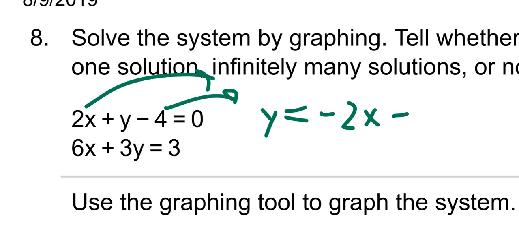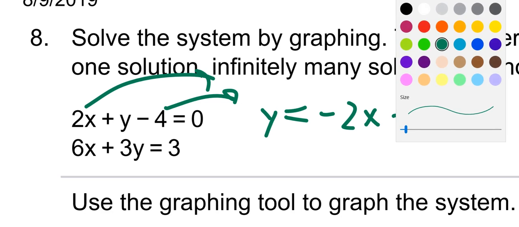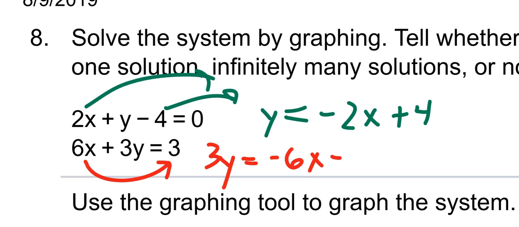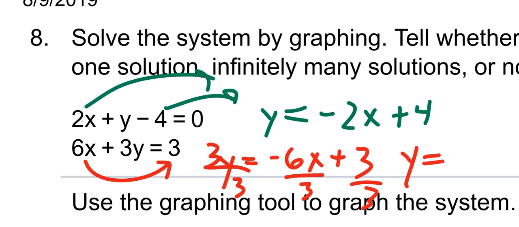Negative 2x plus 4. That's true, right? Because those 2 things moved to the other side would answer that part of the question. Solving for y here, I'm going to move the 6x over to the other side, which gets me 3y equals negative 6x plus 3. Okay. Now what am I going to do? Divide by 3, divide by 3, divide by 3. Okay, y equals negative 2x plus what?